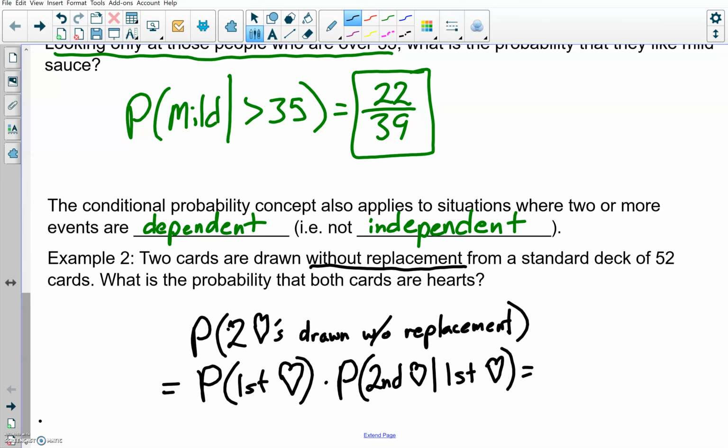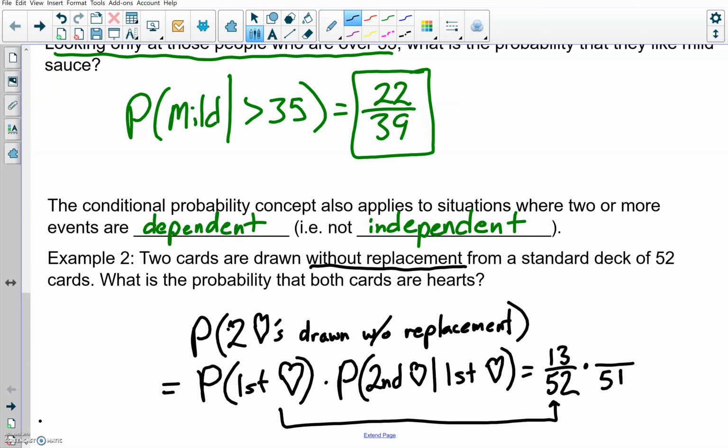So now as we start looking at the numbers, there are 13 hearts in a deck of cards. So the probability of the first heart would be 13 over 52. So that's this one right here. Now on the second one, I know I'm not putting the card back, so I've got 51 cards only. And 12 of them that are left are going to be hearts, because in theory I took 1 heart out and set it to the side.